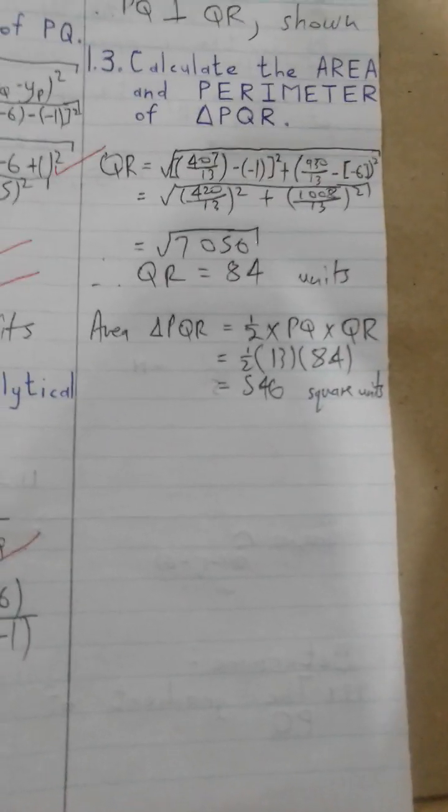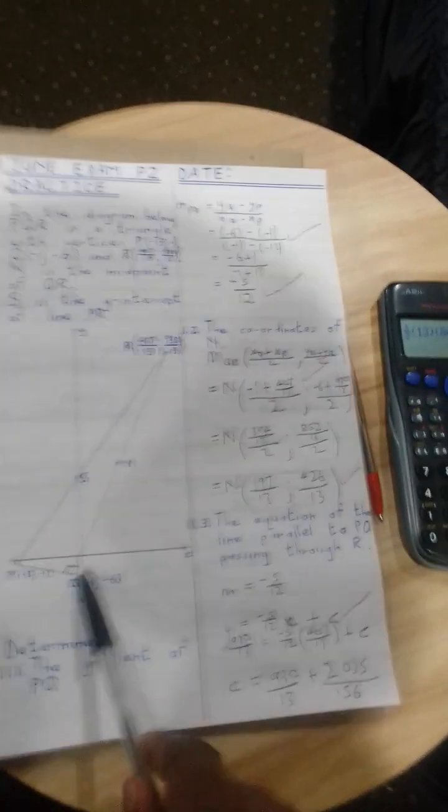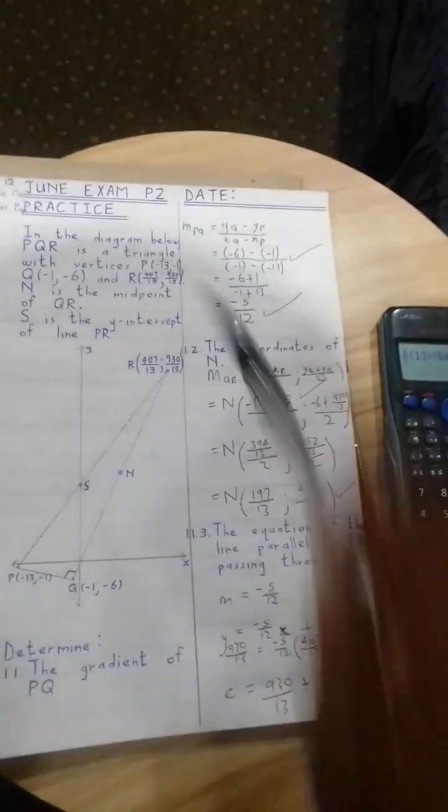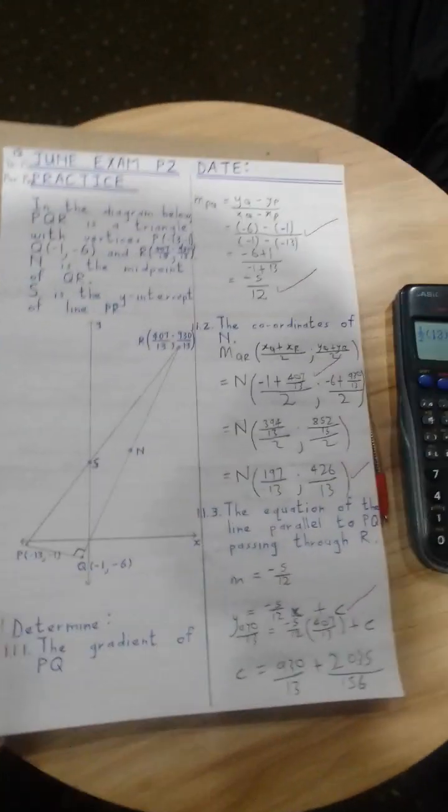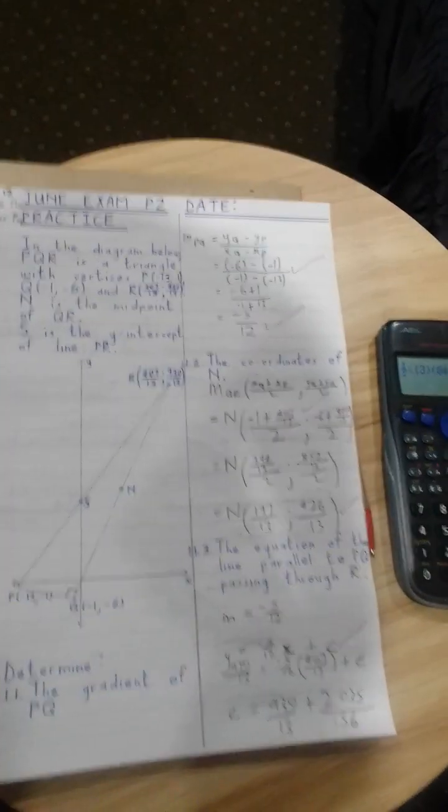Now we need to calculate the perimeter. Perimeter is the distance around the edge. So we have this, we have this. Now we need PR. Like I said, if we have this and this, we can use the Pythagoras theorem. So PR squared is PQ squared plus QR squared.